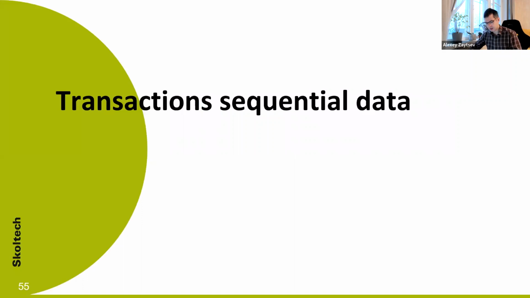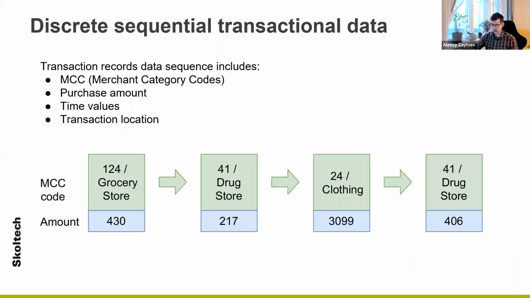Another question is, how can we apply this to particular data? As said, to a particular very specific domain. And as an example of this domain, we consider a sequence of loans, a particular sequence of transactions by a client of Sberbank. The structure of the data is the following. We have this MCC code from a list of about 1,000 possible MCC codes, and some amounts related to this cost.